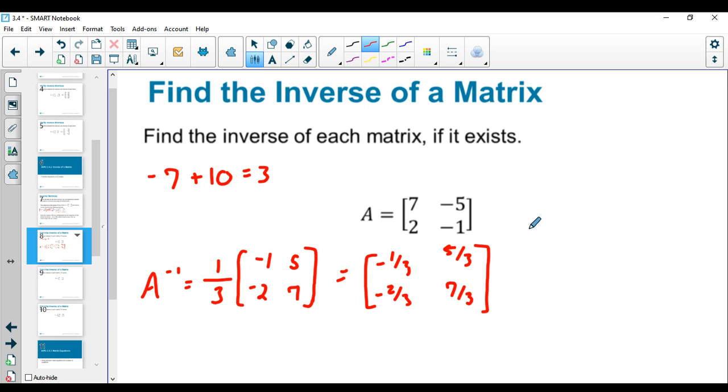I'll give it a second in case anyone's writing that down because we only have a couple examples to go through. And then, if you wanted to test if these were inverses, you would just have to multiply these together and you better get the identity matrix, right?